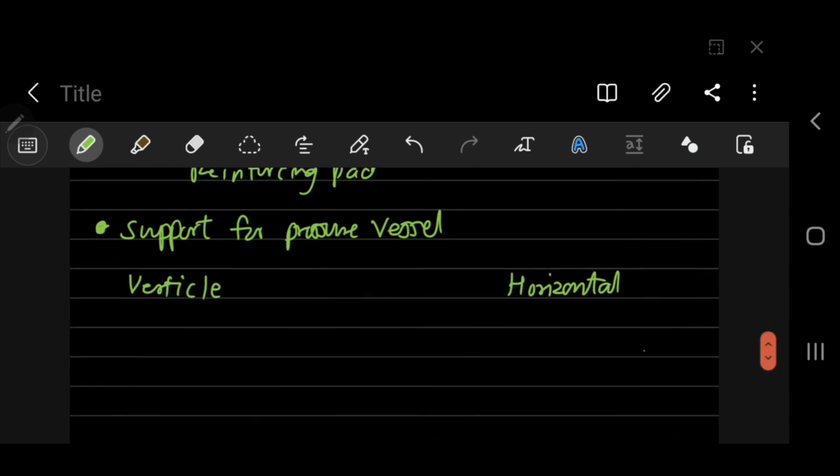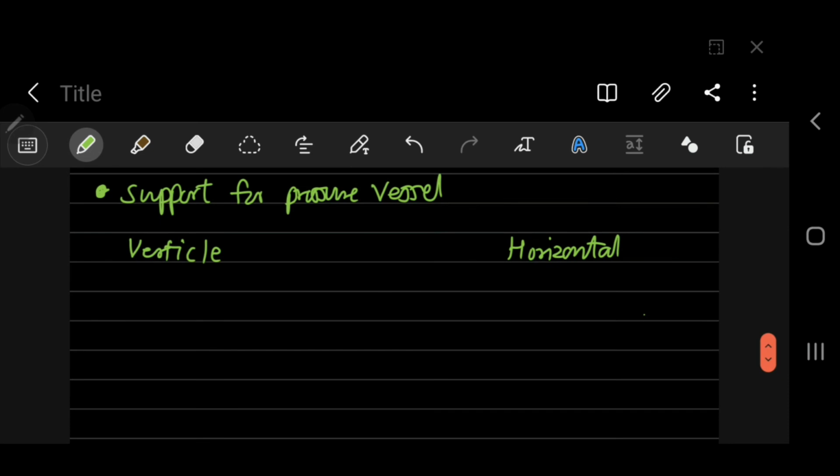So we provide different types of support for different types of cylinder. For a vertical cylinder, we have two types of supports. The first one is the bracket support, which is also called lug support, and the second one is the skirt support. Okay. The skirt support is mainly used when the height of a pressure vessel is more.